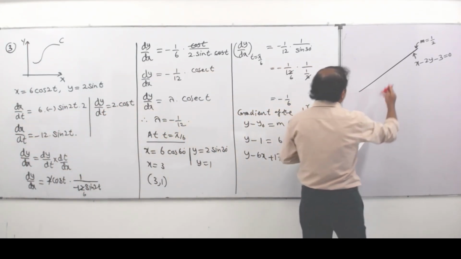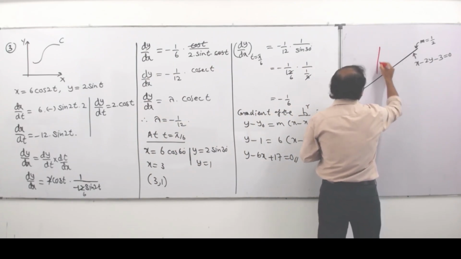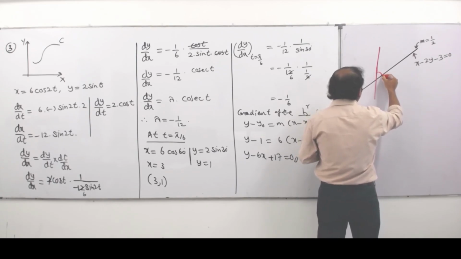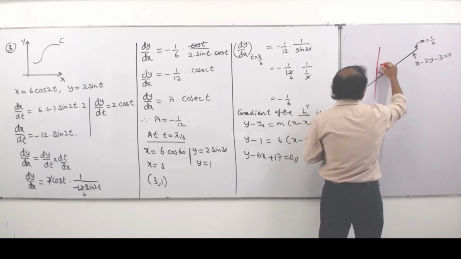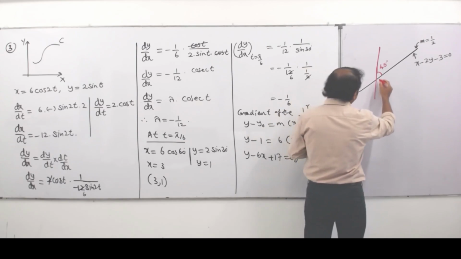This is how, people, the two lines we need. This is the one line that makes 45 degrees, right? And the other line, people, should be like this.